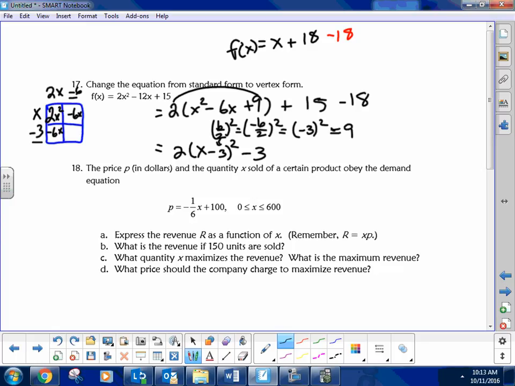Now -3 times -6 is -18. But my c value is 15. So I need to figure out what needs to be added on here in order to produce this positive 15. It's going to be a pretty big number to make that 15.